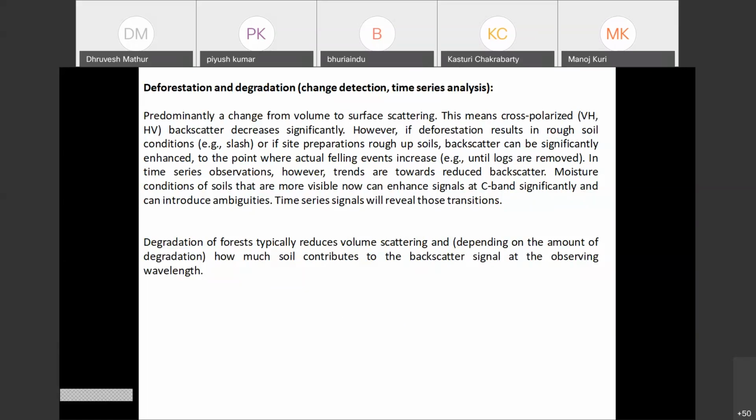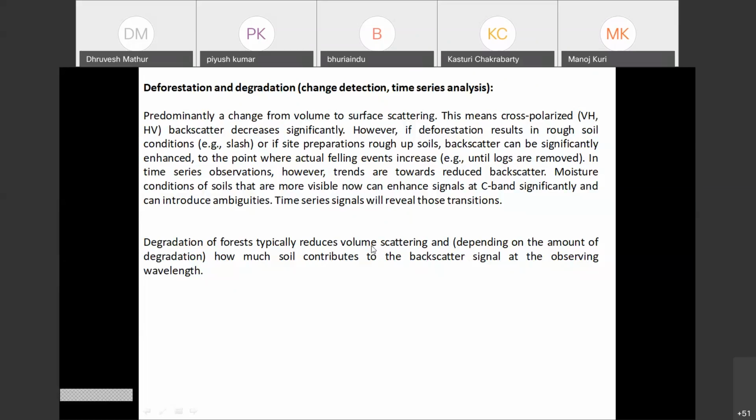Further, using bands like C band, we can measure the surface structures, how the volume component is removed from the image, and that's how we can see how much area is degraded or deforested, because it reduces the volume scattering from the particular area.